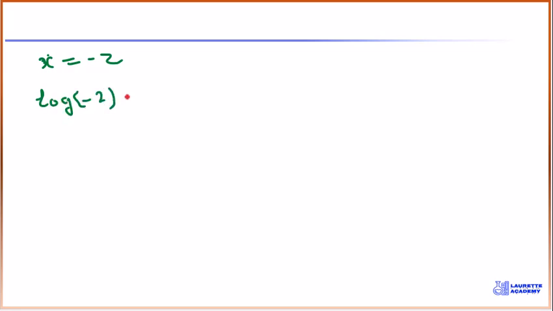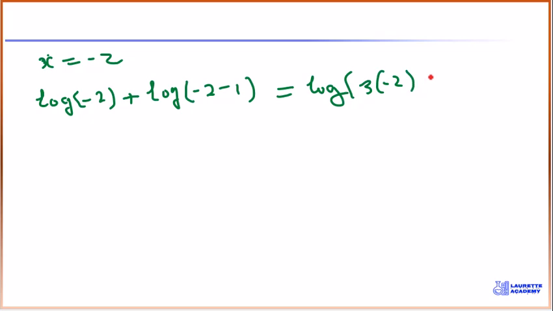log of minus 2 plus log of minus 2 minus 1 is equal to log of 3 times minus 2 plus 12. Now we see here that we are looking for a log of a negative number, and the log of a negative number is not defined.